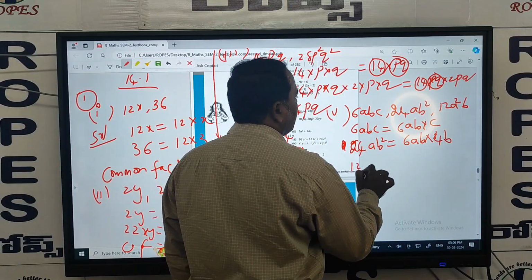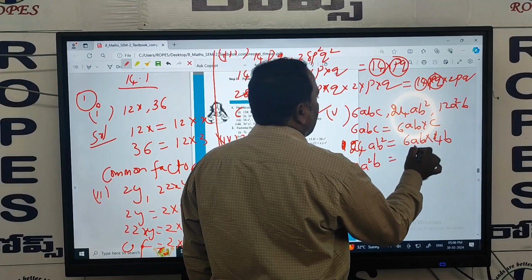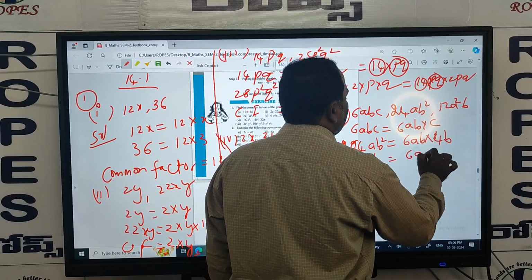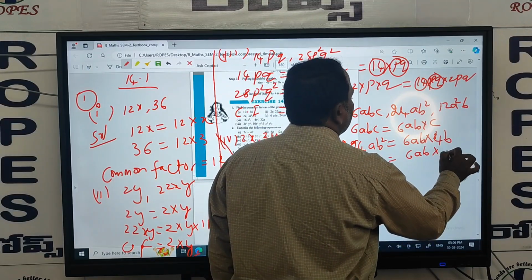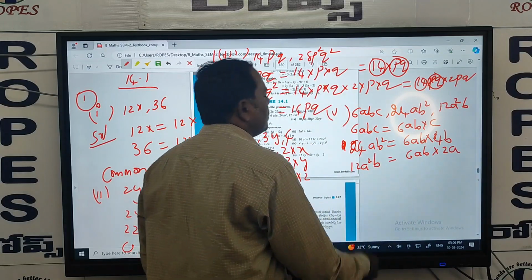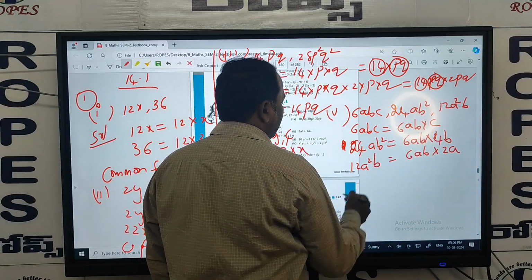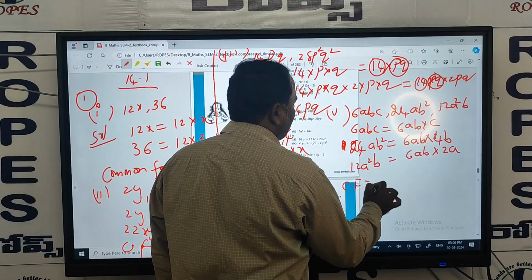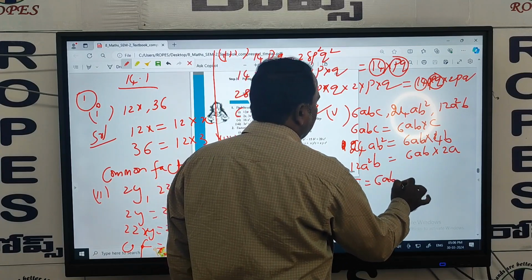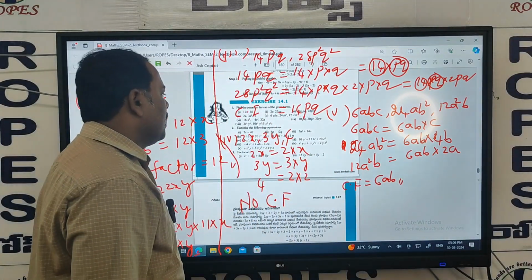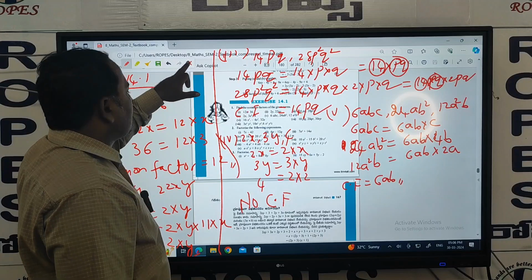Now 12a square b we can write as 6ab into 2a. So if you observe, 6ab is a common factor. Common factor is equal to 6ab. Okay, like this we have to write the common factor.